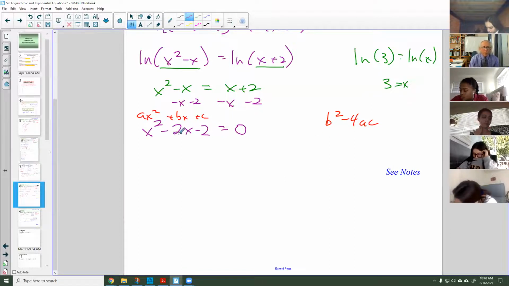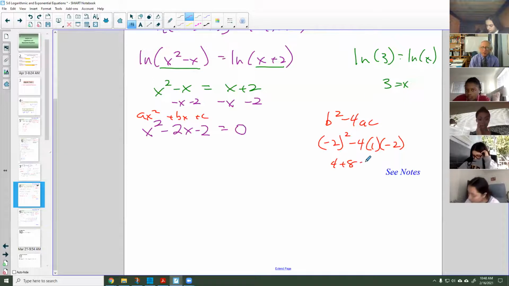So b squared would be negative 2 squared minus 4 times 1 times negative 2. So this is 4 plus 8, that's 12. So now I'm going to go negative b plus or minus the square root of 12 all over 2a.